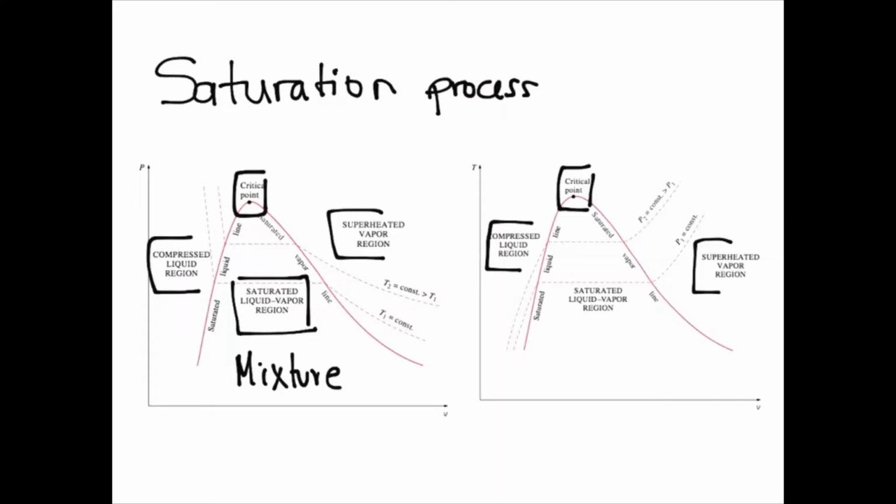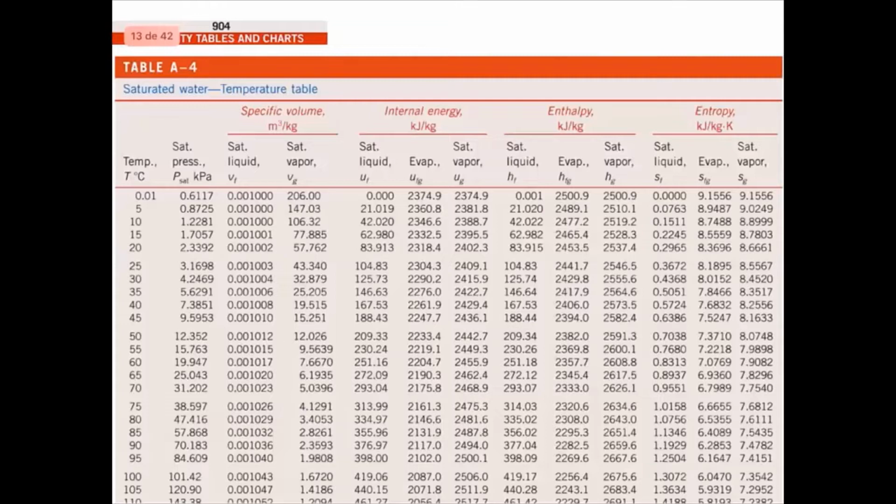The information is also presented in tables. The first table is table A4. This is saturated water, with respect to temperature. So you will have the saturation temperature in degrees Celsius, and you will have the saturated pressure where the saturation happens.